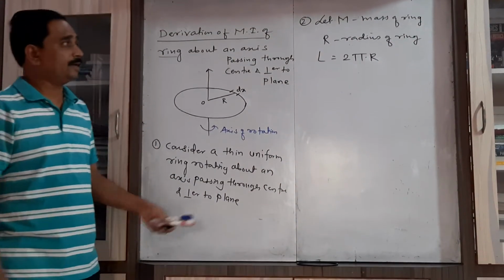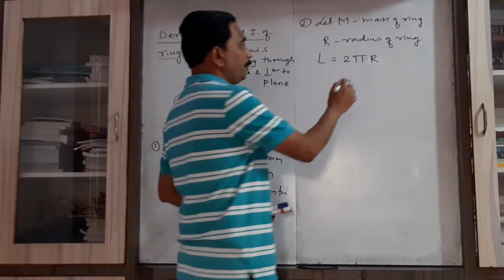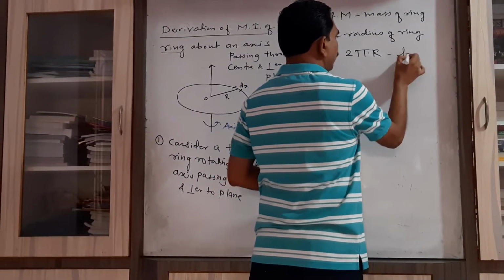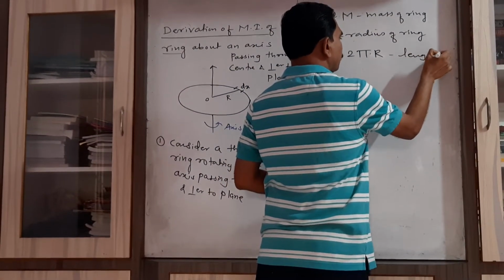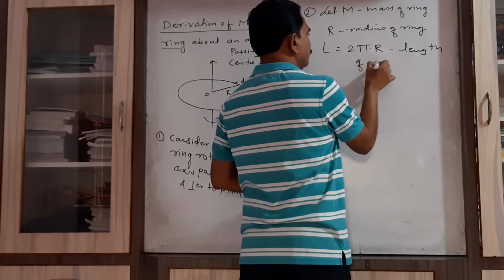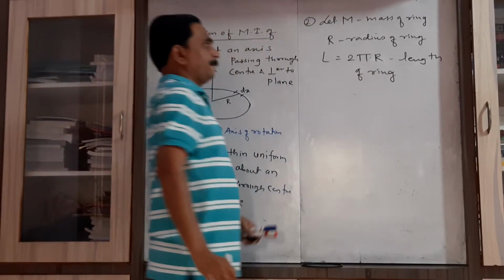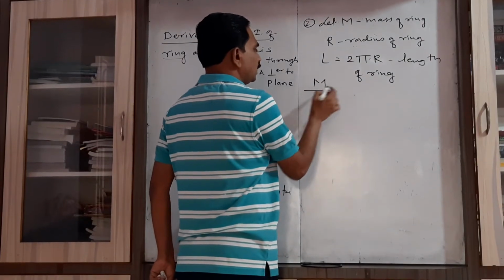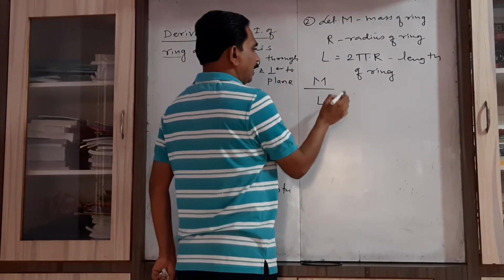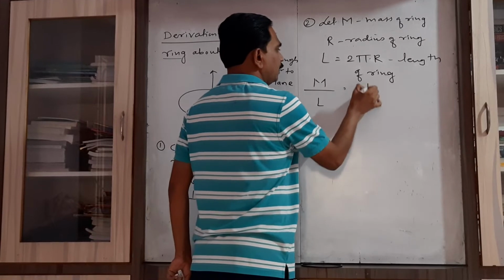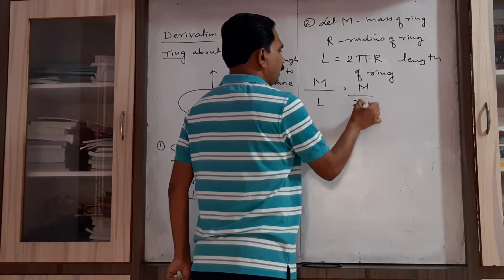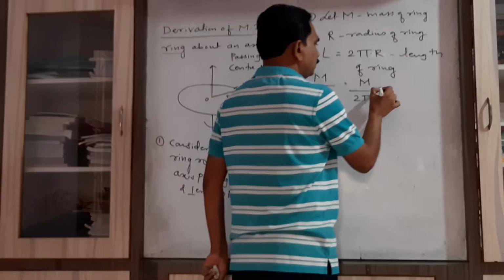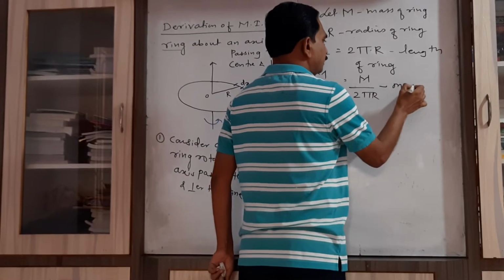So L equals 2 pi r, that is the length of the ring. Now consider one more physical quantity, M by L, which is equal to M upon 2 pi r, which is called mass per unit length.